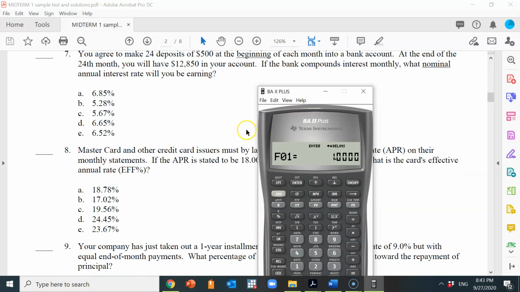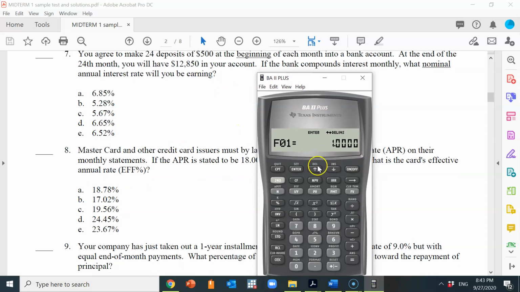All right, let me input N as 24. Excuse me, let me quit and then start with the TVM worksheet. 24 N, okay, and then negative 500 as payments. 12850 as future value. Okay, and 0 as present value.